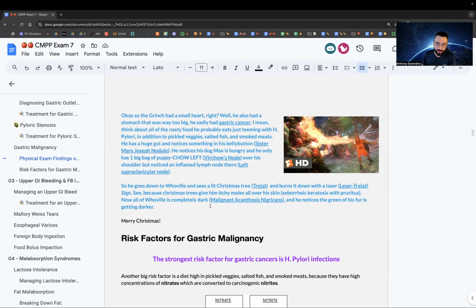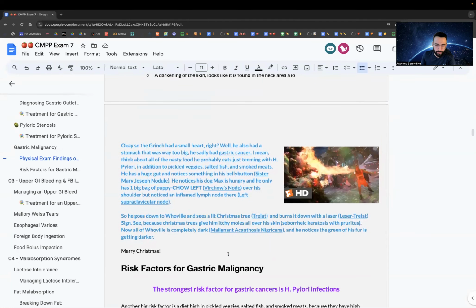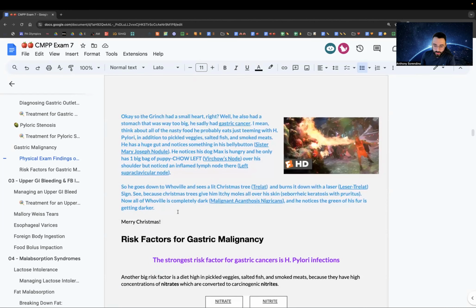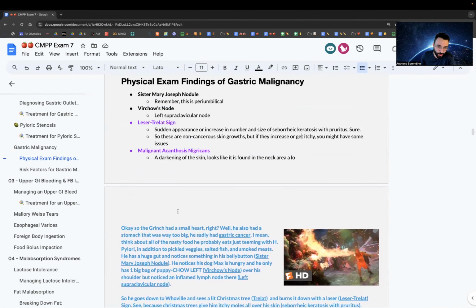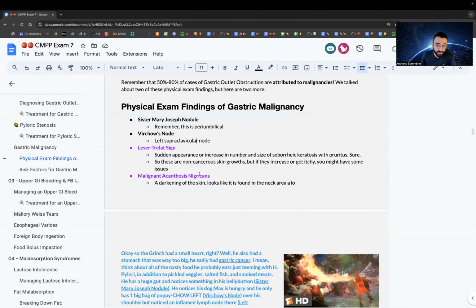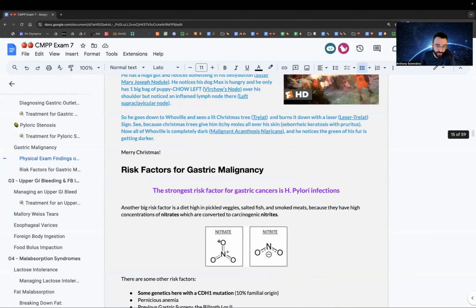This is that malignant acanthosis nigricans. And this is just like a darkening of the skin. I think you get it on your neck, but that's just like a darkening of the skin. So he notices the green of his fur is getting darker. So those are the 4 physical exam findings of a gastric malignancy. Definitely going to be a question on that.